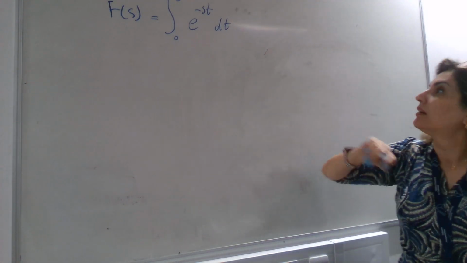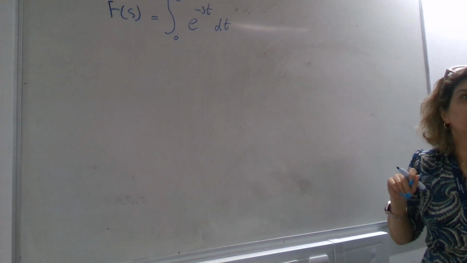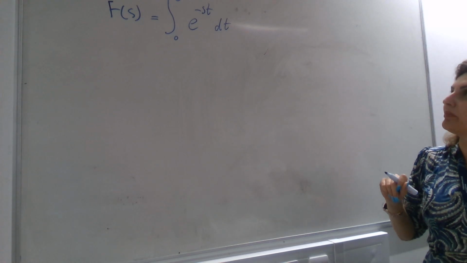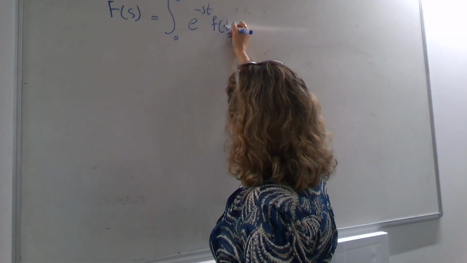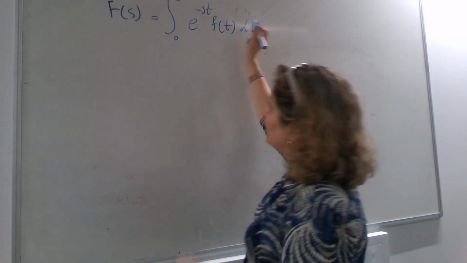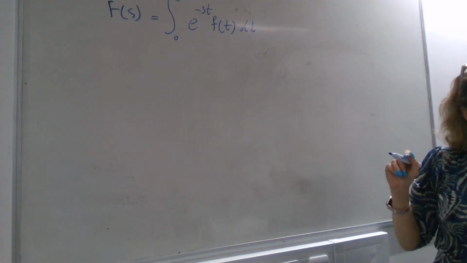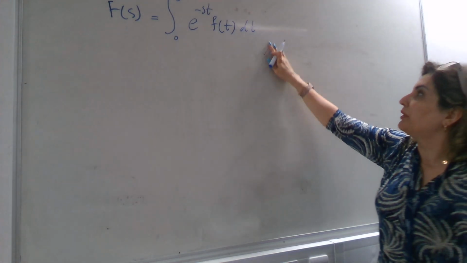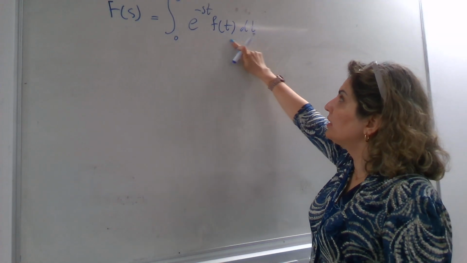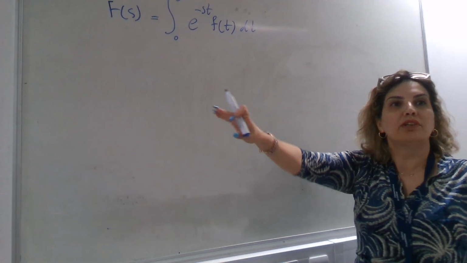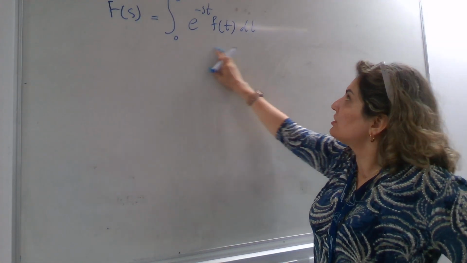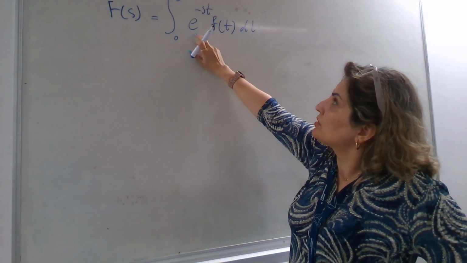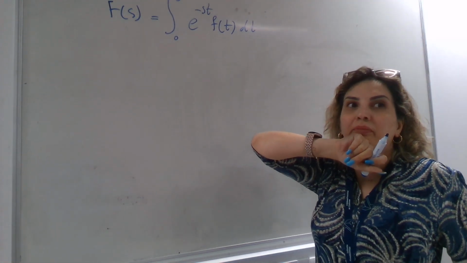Okay, there is something missing here, plugging in the f(t). So this is the basic form of the Laplace transform. What does it mean? It means I'm taking my f(t), which is the function in time, and I am doing this integration, and I have an exponential component here.